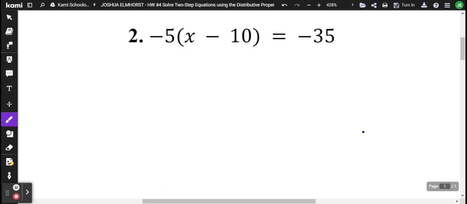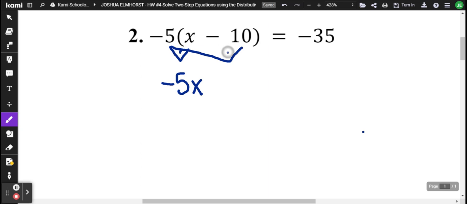Continue on with number 2. First, we're going to distribute the factor outside the parentheses to each one of the terms inside the parentheses. So first we have negative 5 times x, which we'll just combine as a coefficient.